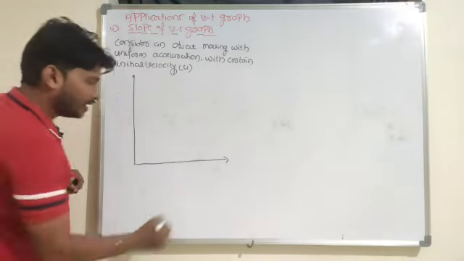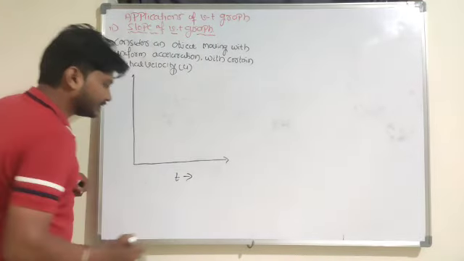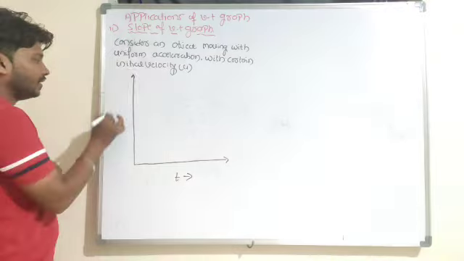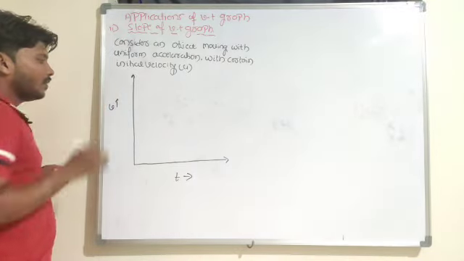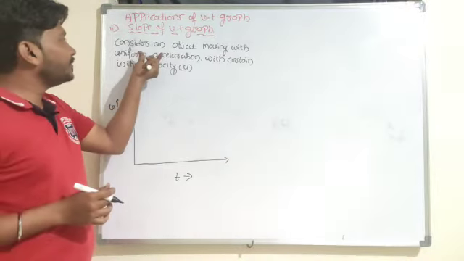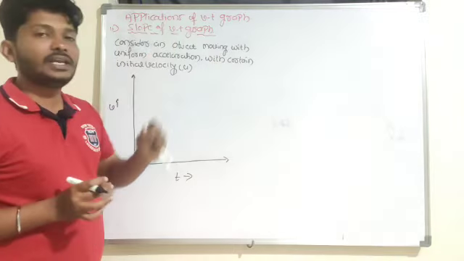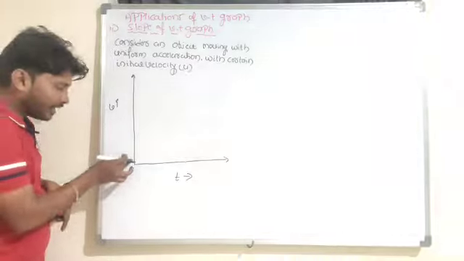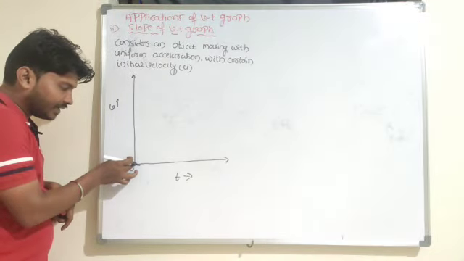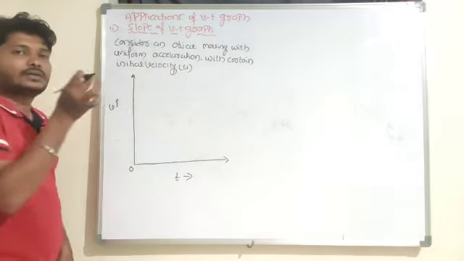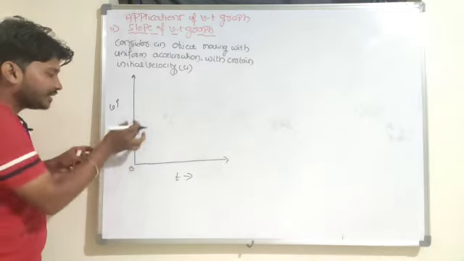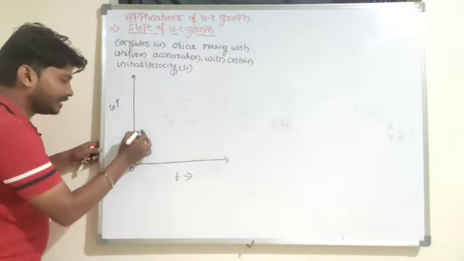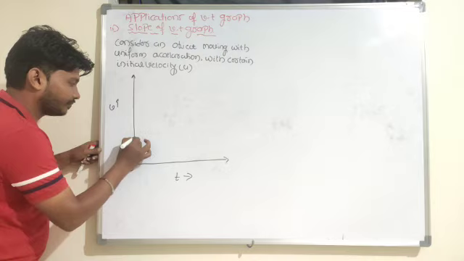So look at here, time is along the x-axis and velocity of the object is along the y-axis. If the object is moving with a certain initial velocity, the initial velocity is not 0. If the initial velocity is 0, the straight line graph passes through the origin. If the initial velocity is not 0, it intercepts the y-axis at a certain point here.